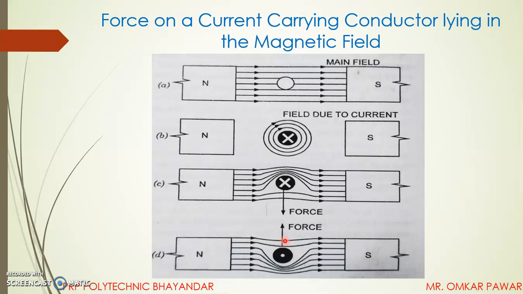So above the conductor surface the field is weakened, and the conductor tries to move in the upward direction. So these are the two conditions. This is how force on a current carrying conductor is created.